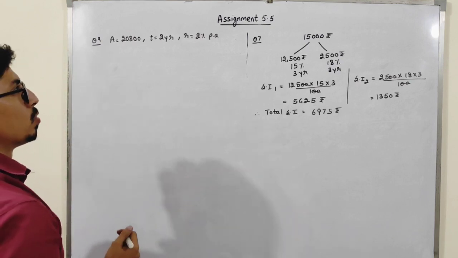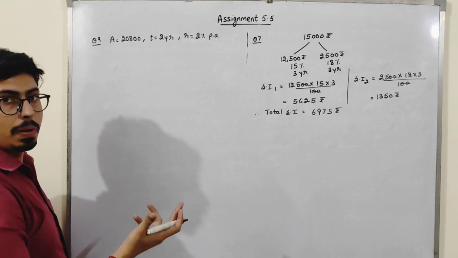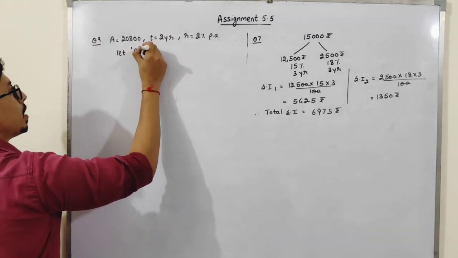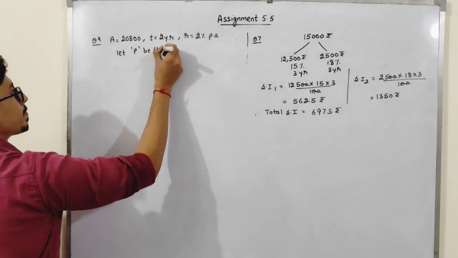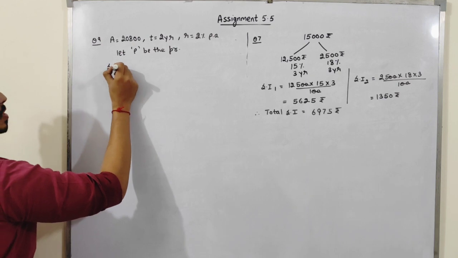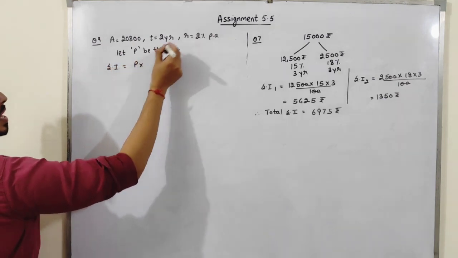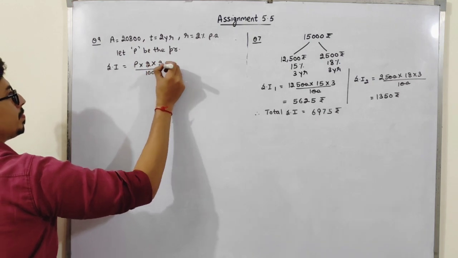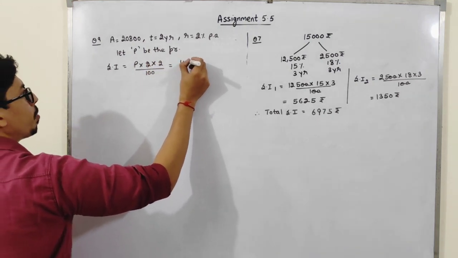Now, we don't know the principal, so students, let P be the principal. If I calculate the simple interest, it is principal into rate into time upon 100, so P into 2 into 2 upon 100, so it will be 4P by 100.